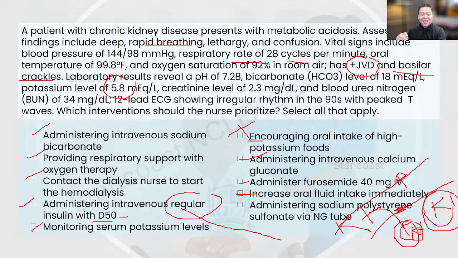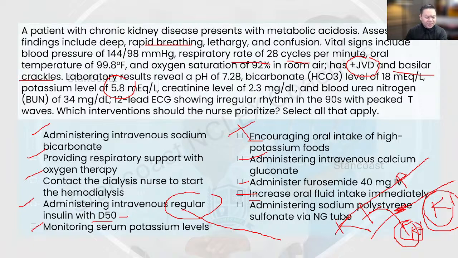Do not put anything in the patient's mouth because they're prone to choking. They're going to end up with aspiration pneumonia. Never put any liquids into the patient's mouth if they are not alert, right? And there is also no need to increase the fluid intake because they are already fluid overloaded, right? They already have the JVD, they already have the crackles, pulmonary edema going on. We don't want any more fluids inside their body.